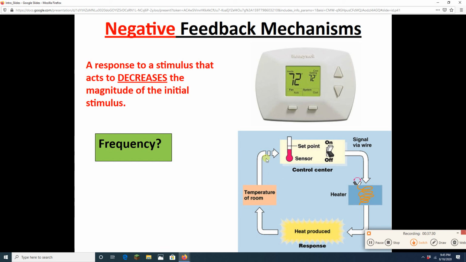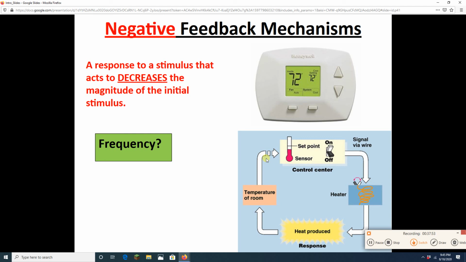And we go back to that level that we want it. And this is just like homeostasis. We're maintaining an environment. And what we're doing here is called negative feedback, because the stimulus took our variable one way, and then the response fixed it by going the other way. The word negative has this idea of opposite here. So think about it.